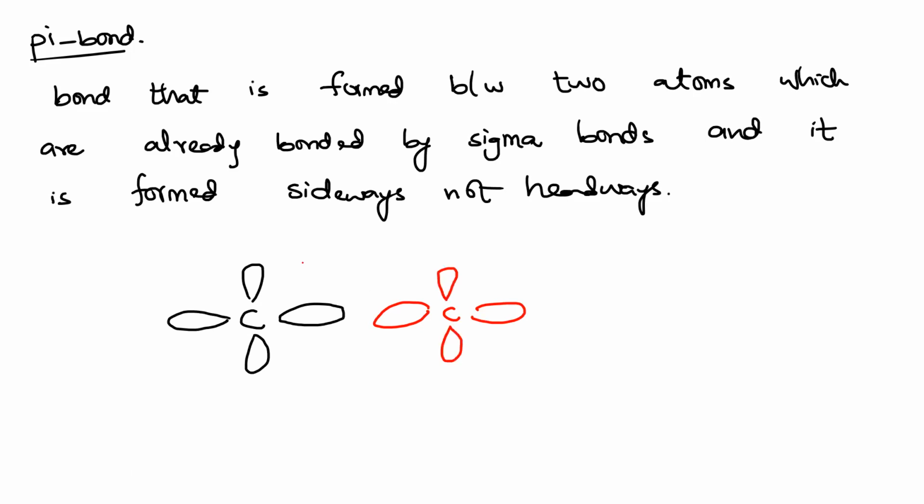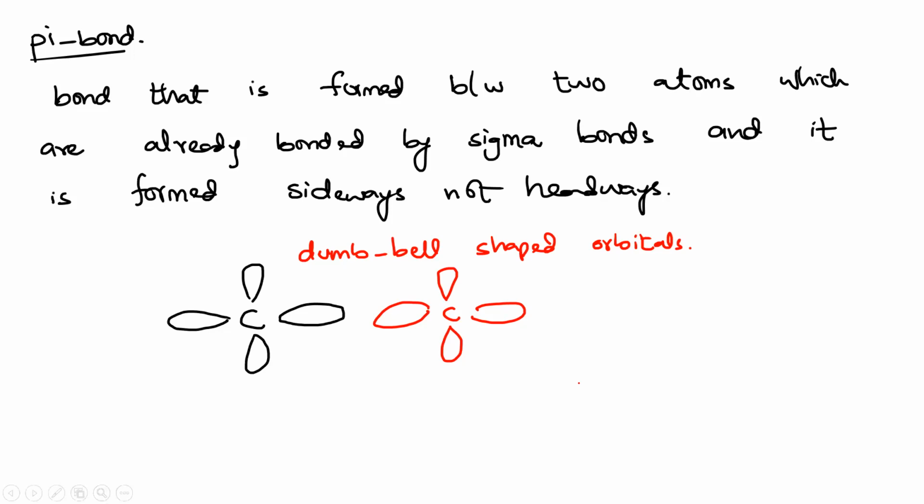So these are dumbbell shaped p orbitals. Do you understand this? It is formed sideways, not headways.